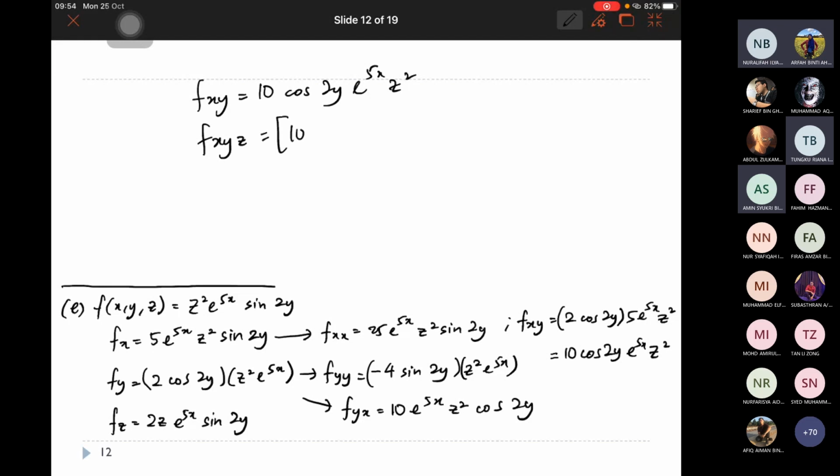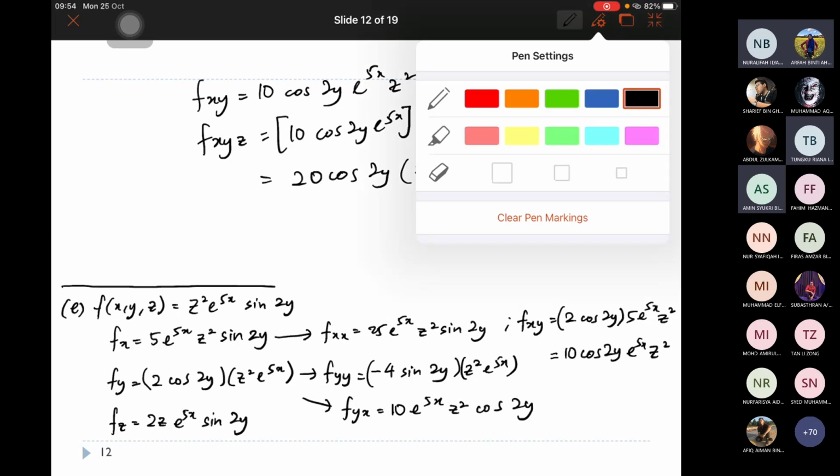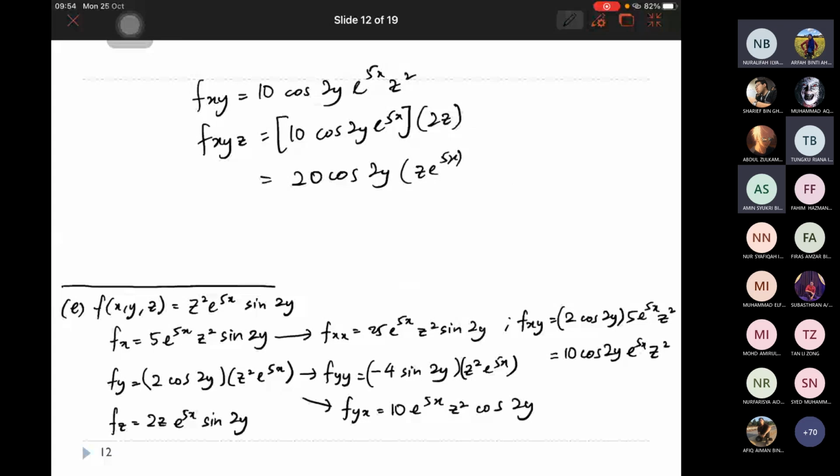So all the other terms 10 cos 2y exponential 5x ni salin je. Z yang kita bezakan. Darabkan dengan 2z. So dapat 20 cos 2y z exponential 5x. So itu adalah fxyz.